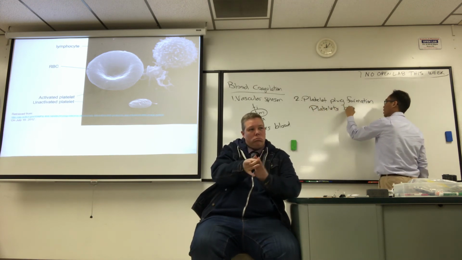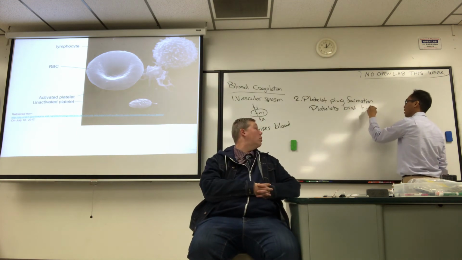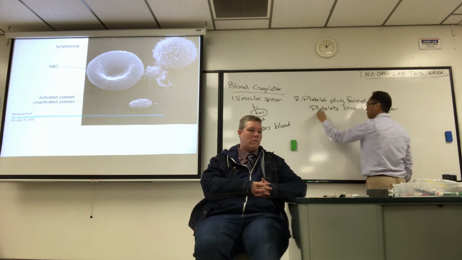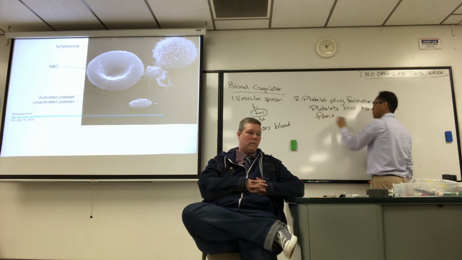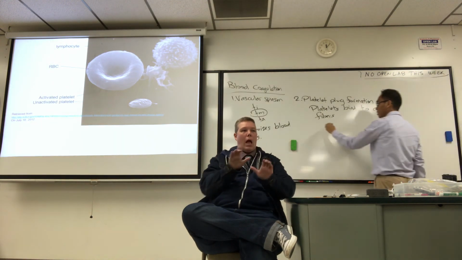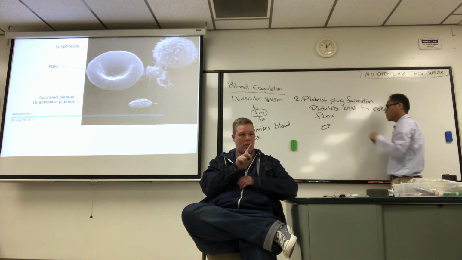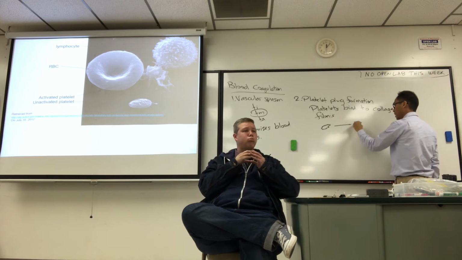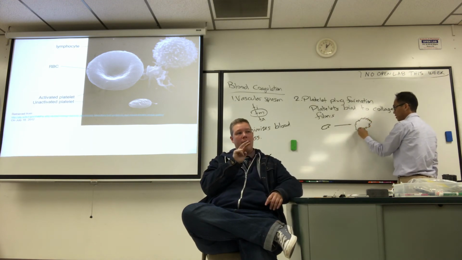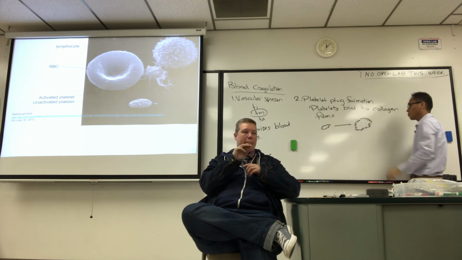Platelets bind to collagen fibers. And basically, that's when they become activated. When they become activated, let's say this little fragment is unactivated, so they get all big and spiky. That's activated. You increase the membrane proteins so they can stick to each other and plug the leak.